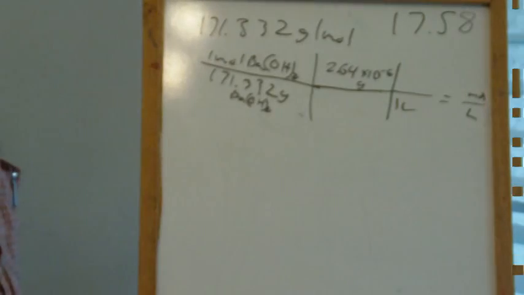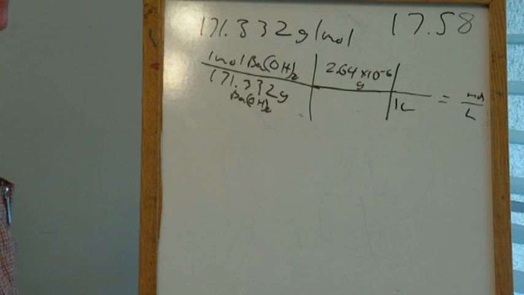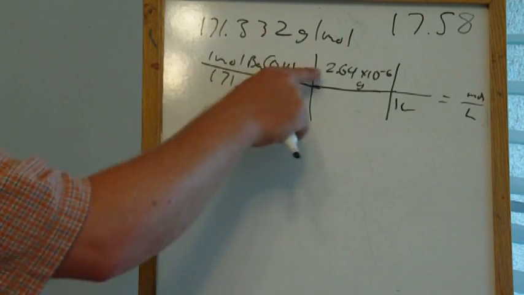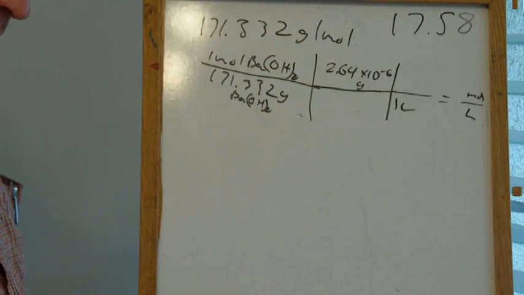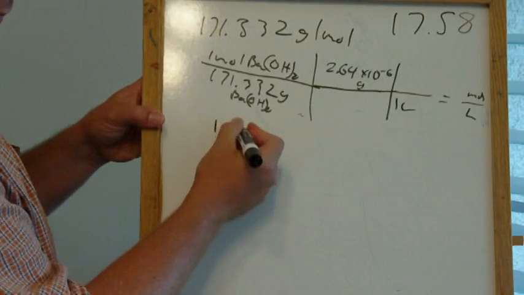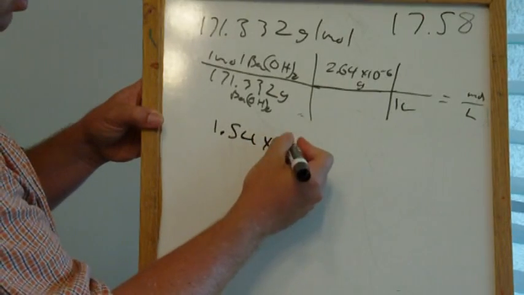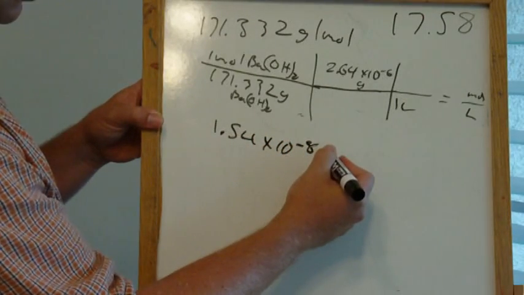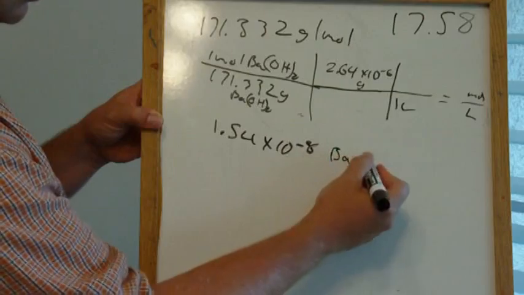So if we solve that, we'll take 2.64 times 10 to the minus 6 divided by 171.332, and that value is 1.54 times 10 to the minus 8, and that's the molar concentration of barium hydroxide.